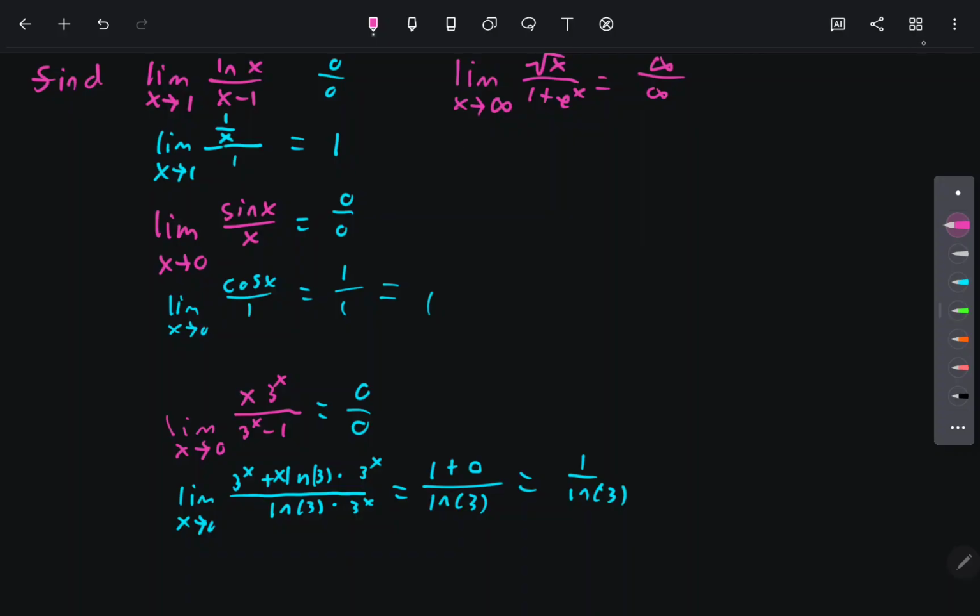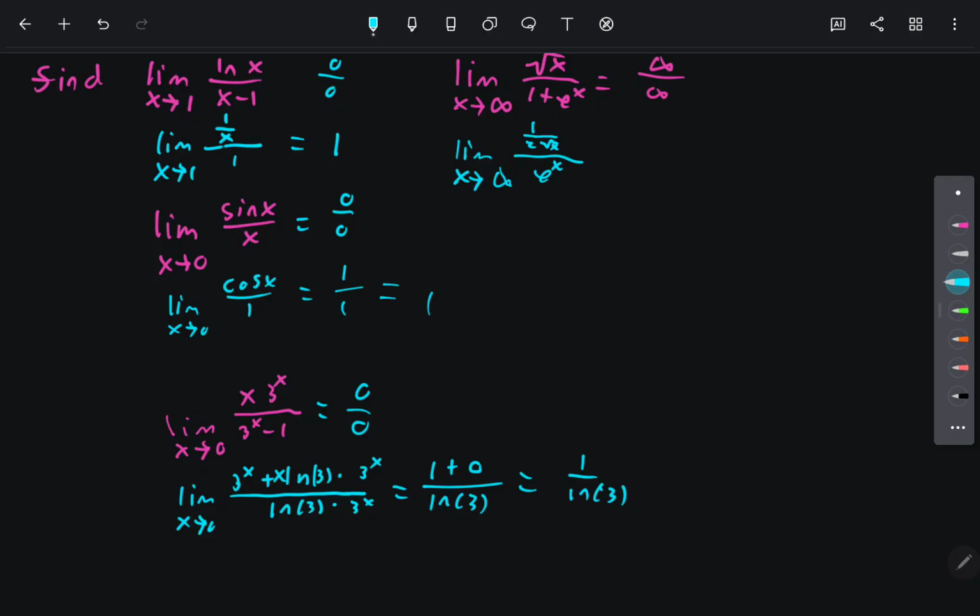So we say the limit as x approaches infinity, the derivative of the numerator is 1 over 2 square root of x divided by the derivative of the denominator, which is 1 e to the x.